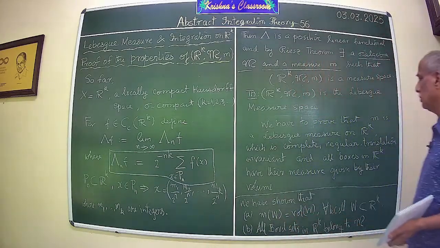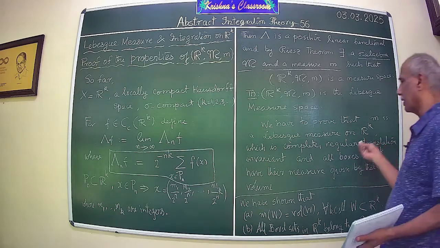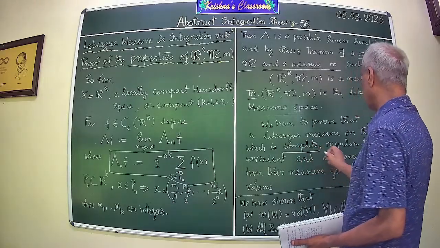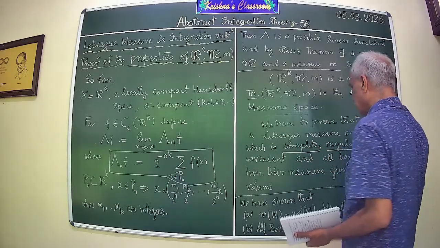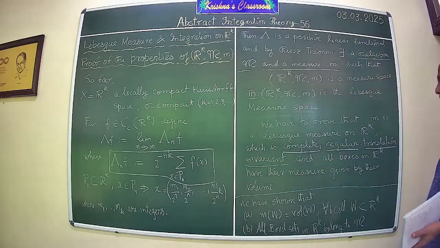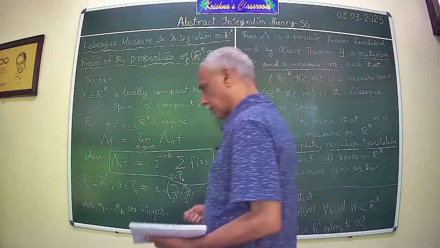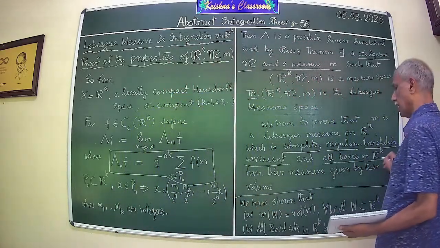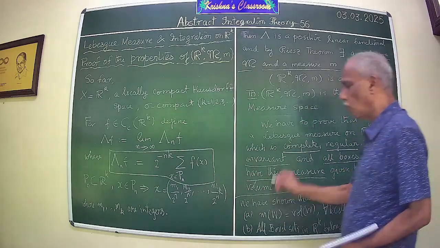Now we have to prove that m is a Lebesgue measure on R^k, which has the property that it's a complete measure, it's a regular measure, and it is translation invariant. These are the primary properties of the Lebesgue measure. Of course, all the boxes in R^k have their measure given by their volume.